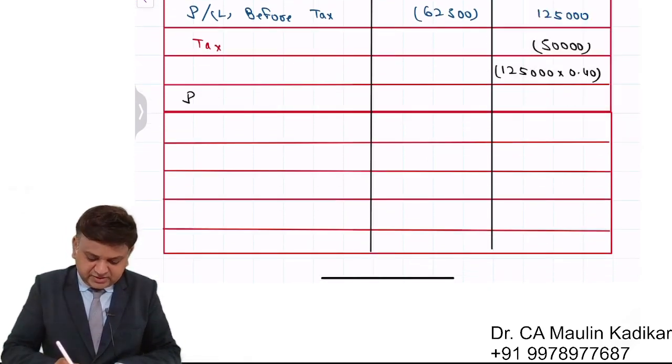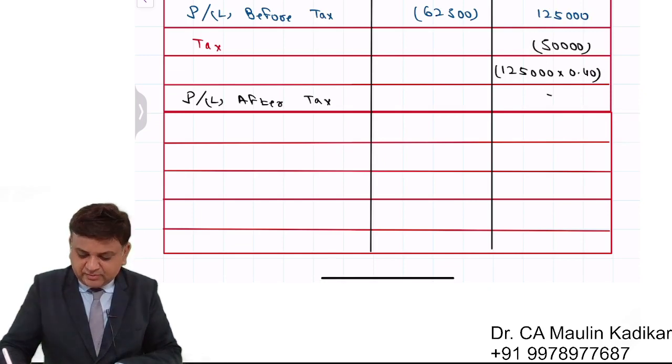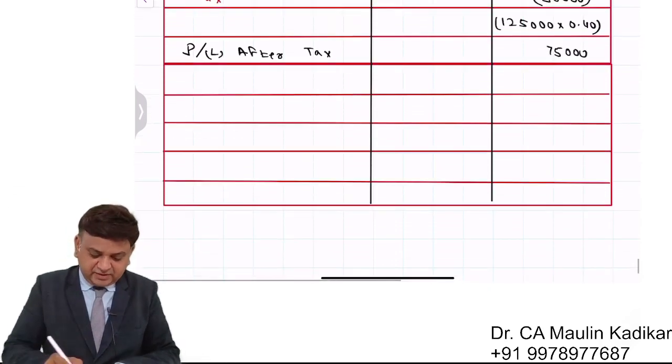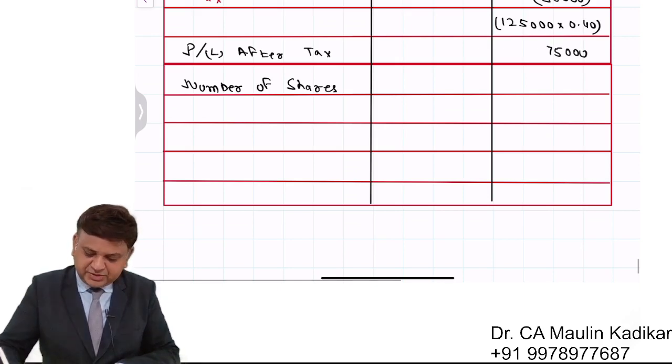Profit or loss after taxes. That comes to 75,000. The same will be divided by the number of equity shares. Number of equity shares are 1,56,250.